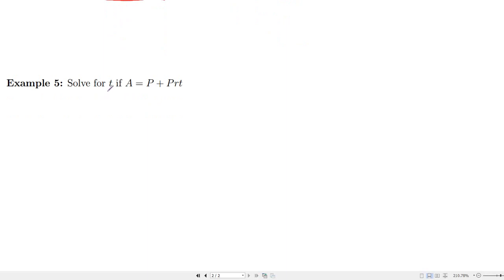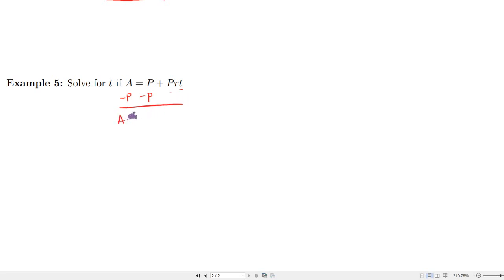So our next equation, where we want to solve for t, assuming that a is equal to p plus prt. So using a similar strategy to what we've been doing, we have only one term with a t in it, so let's leave that here. And let's bring all the other terms to the other side. There's only this one term p, so let's subtract p from both sides.